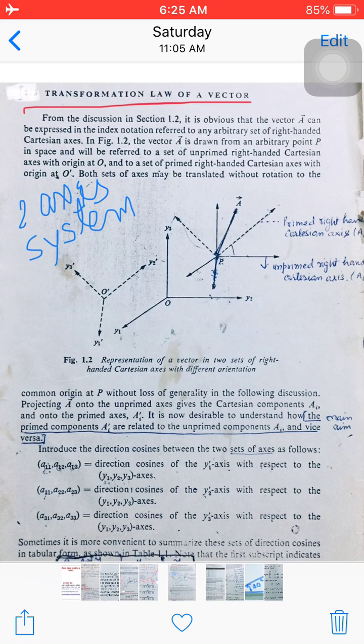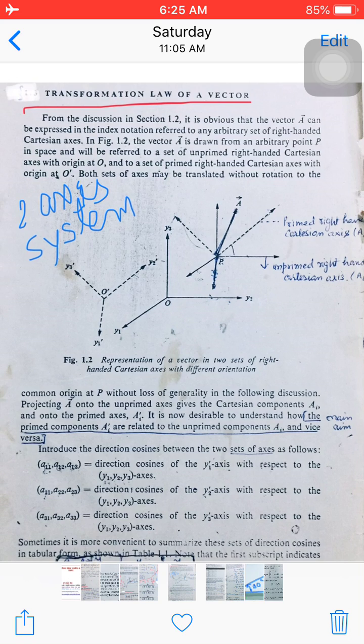As we have seen earlier, the vector A can be expressed in index notation referred to any arbitrary set of right-handed Cartesian system, that is vector A equals A1 E1 plus A2 E2 plus A3 E3. In the present system, we have taken two axis systems.